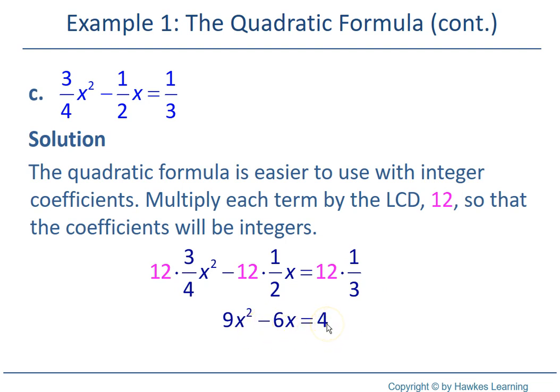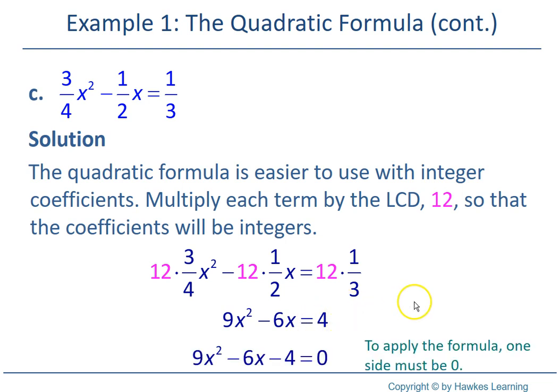You're going to transpose this 4 to the other side, so it becomes a negative 4. Remember, we have to identify our A, B, and C from being in standard form. So this is not your C value. When it comes over to this side, it becomes a negative 4. That's your C value.